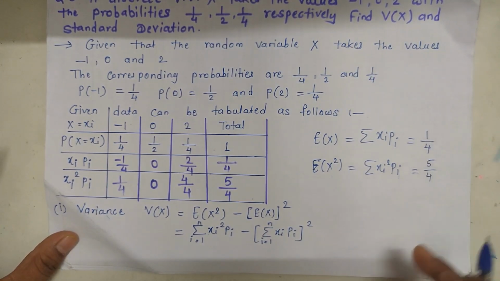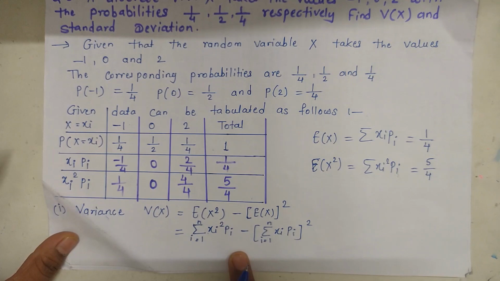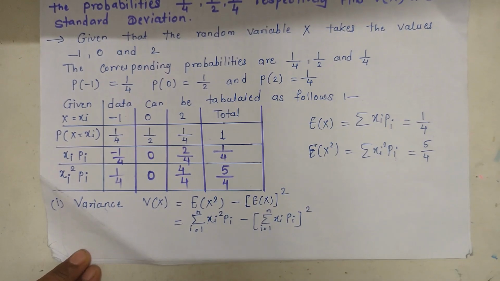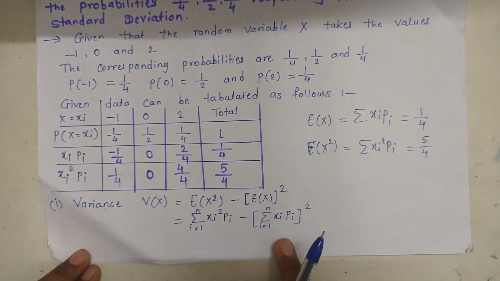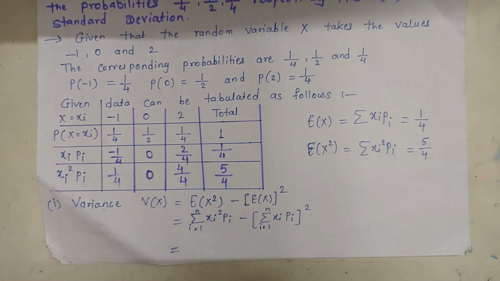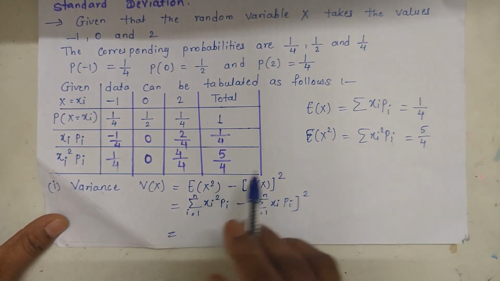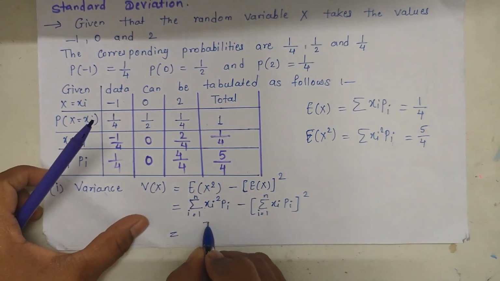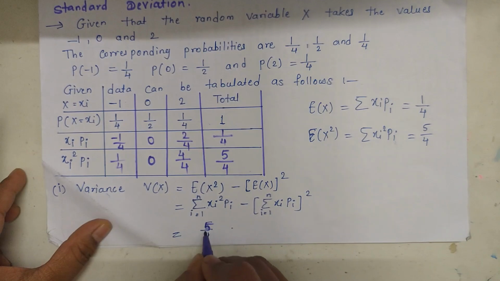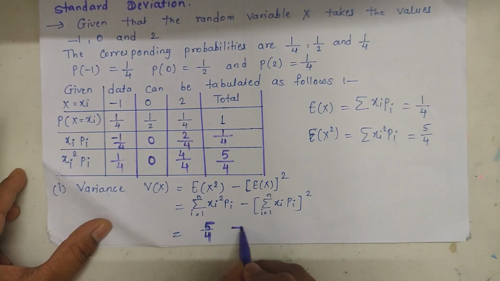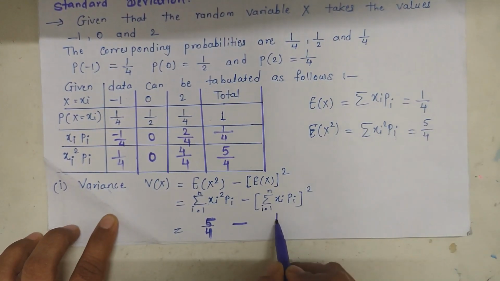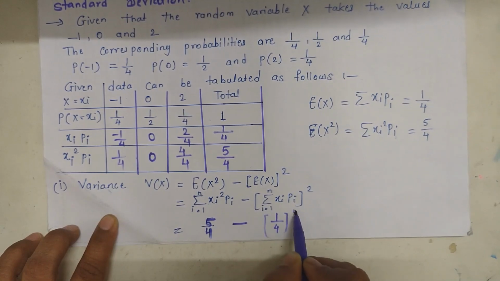Now substituting these two values in the variance of x formula, E of x square, the summation of xi square pi, minus E of x bracket square, which is the summation of xi into pi bracket square. Here the summation of xi square pi is equal to 5 by 4, minus the summation xi pi, which is 1 by 4, bracket square.